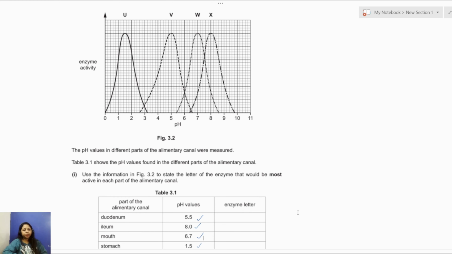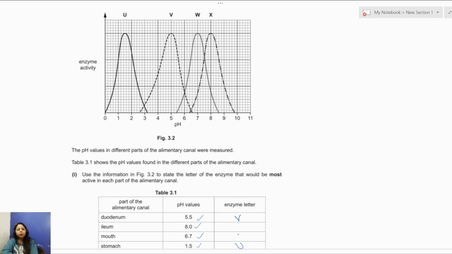Okay, the first one, 5.5 is... No, no, just wait. Okay. First one is 1.5. So which one is this one? Where should we write U? Okay. V where? Duodenum. Okay.